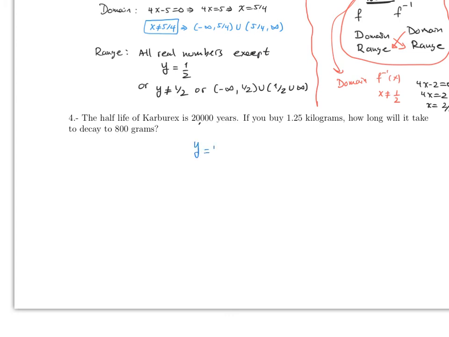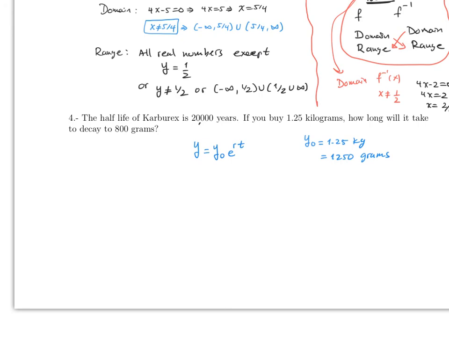Remember, the equation is equal to this, okay? Where y0 is the initial amount. So y0 in our case is equal to 1.25 kilograms, which is equal to 1250 grams. Okay. So therefore, it says that the half-life is 20,000 years.